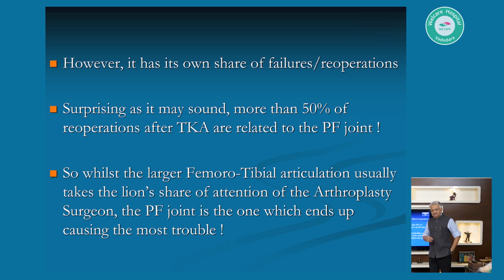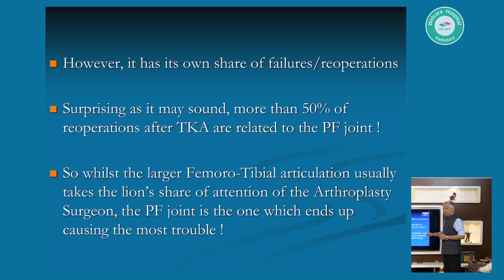When you talk about revision, you are talking about taking the entire implant system out and putting it in again, and there it is usually due to either infection or aseptic loosening. But if you take any-cause reoperation as a definition of revising your primary surgical action, then 50%, in fact more than 50%, are related to the PF joint as a problem in total knee arthroplasty.